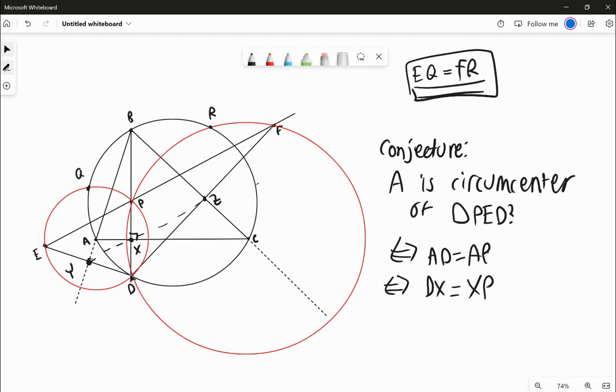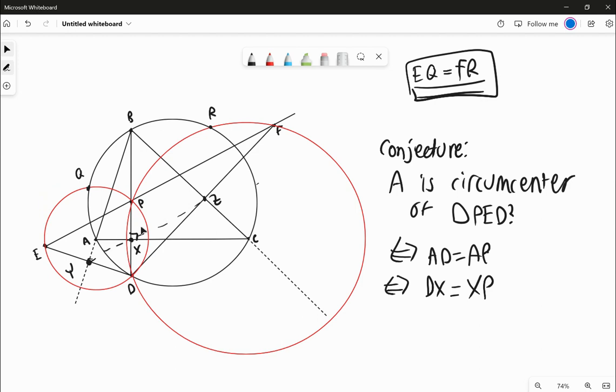And additionally, we know that DE is equal to 2DY and DP equals 2DX, and DF is equal to 2DZ. So by a homothety centered at D of scale 2, we have that D maps line YZ to EF.